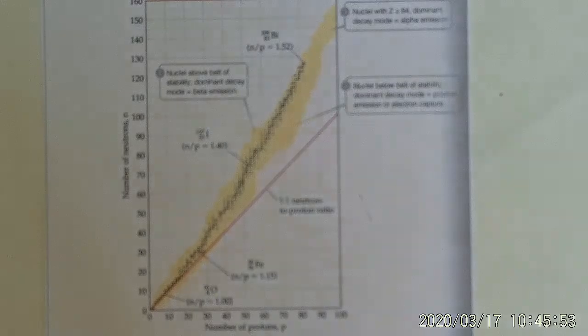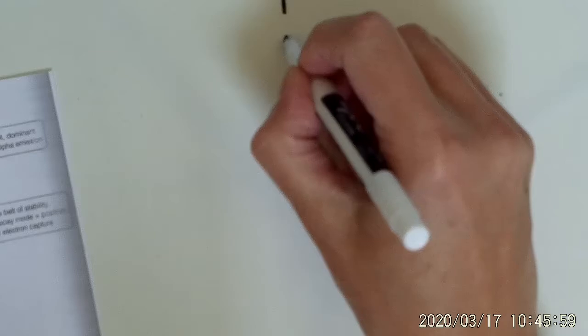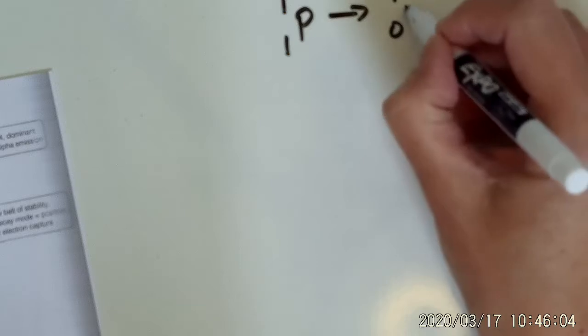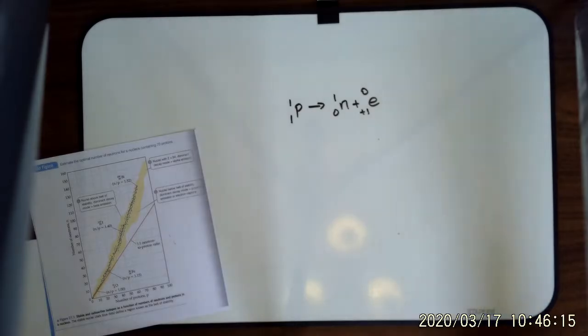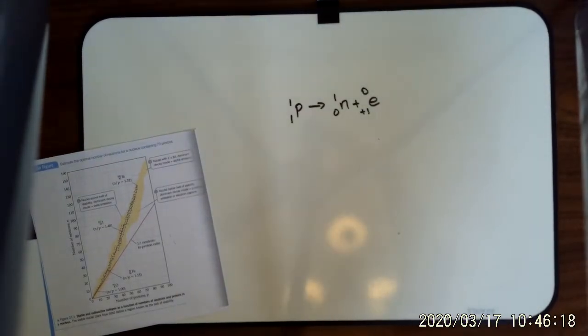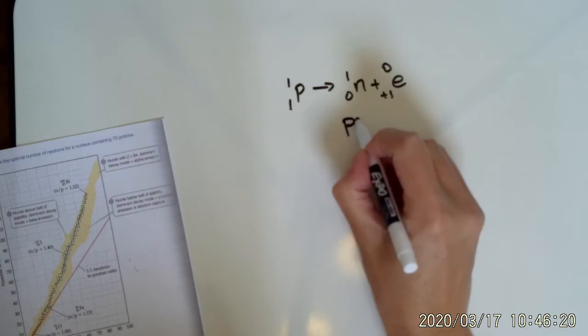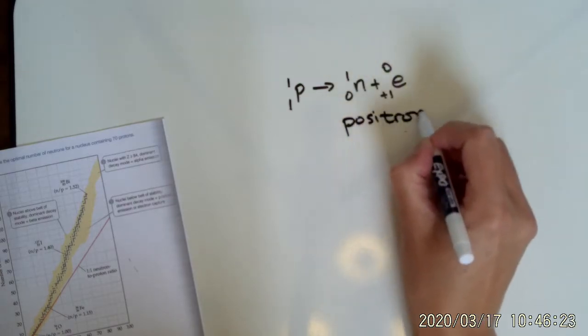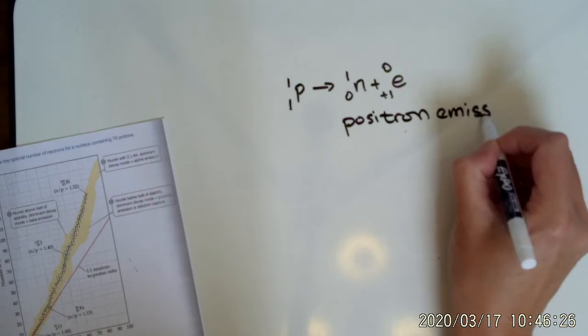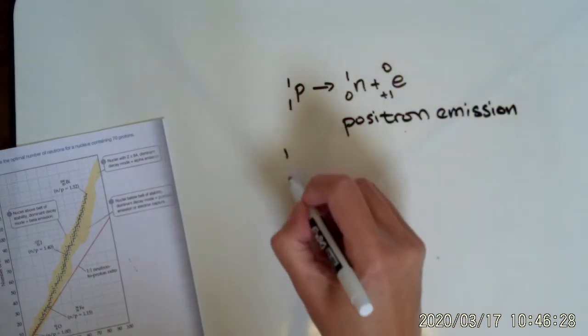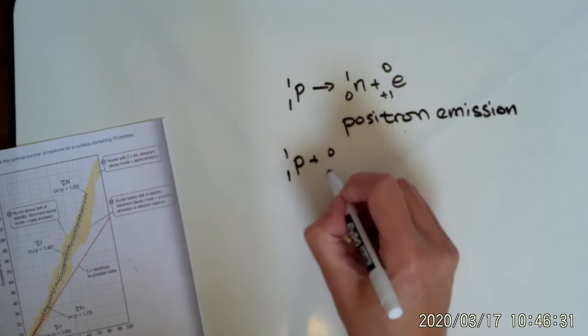So what we need is to take my proton and convert it to a neutron. The way we do that is with a positron emission. Sorry about this. Or you can do an electron capture.